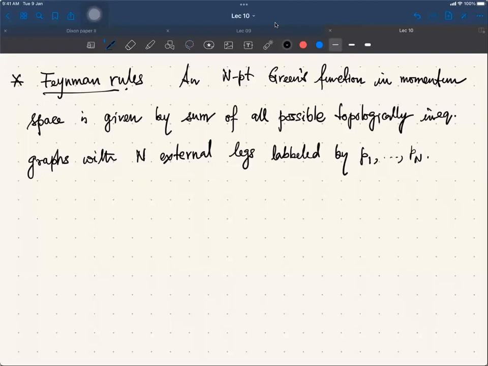Then all these momenta are labeled by this, and these are all incoming or outgoing.